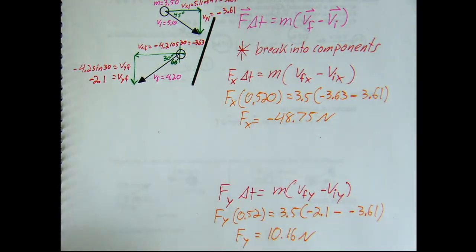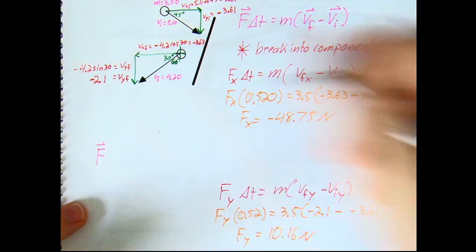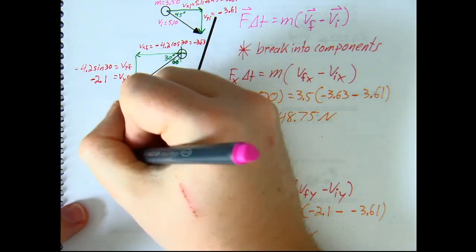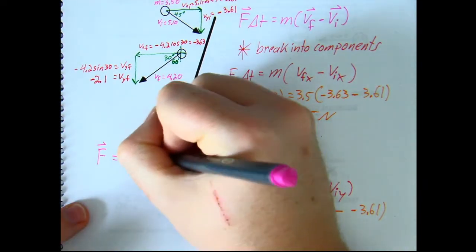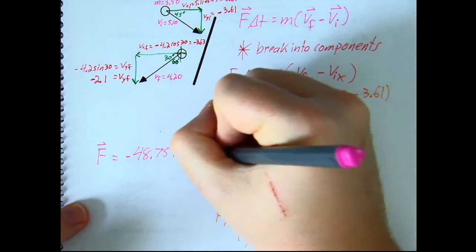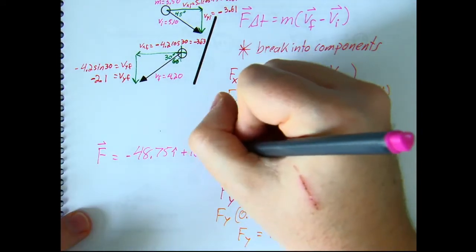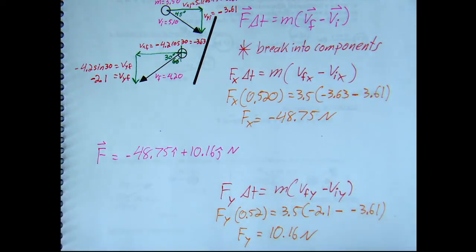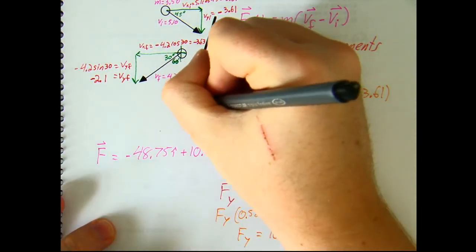So here's what we've got. If we bring these guys all back in together, we've got a force acting on our object of negative 48.75 i hat plus 10.16 j hat newtons. And so if you look at what this means, I'm going to redraw this picture right here.